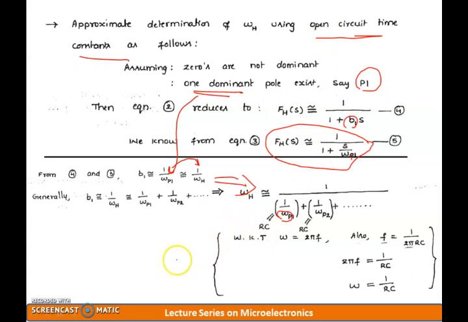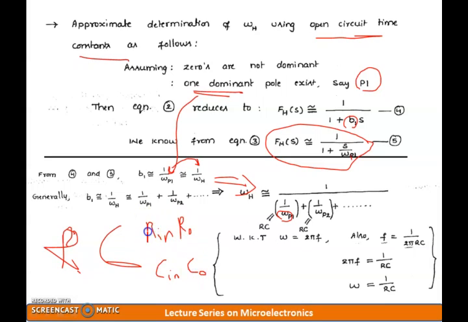So basically the agenda here is to find the R values of the entire circuit and the C values of the entire circuit, specifically R in and C in, and then R out and then C out.